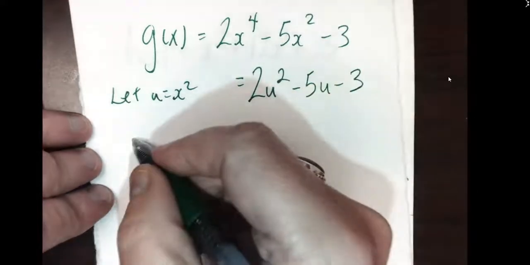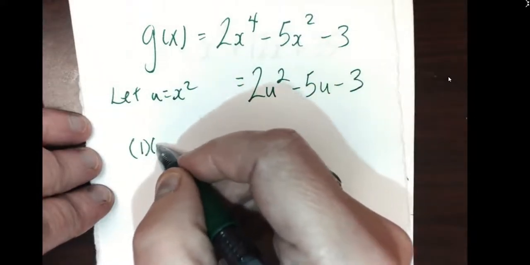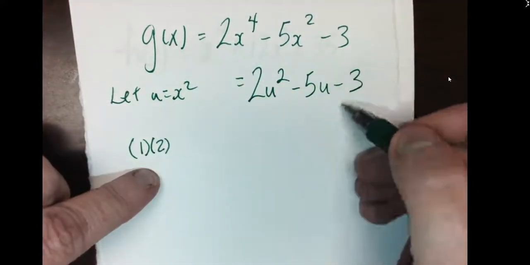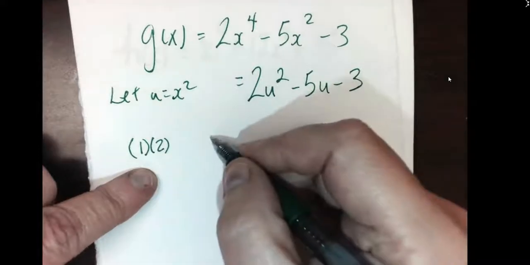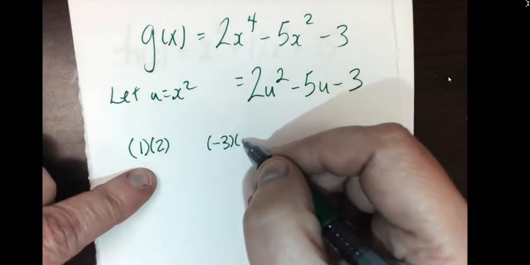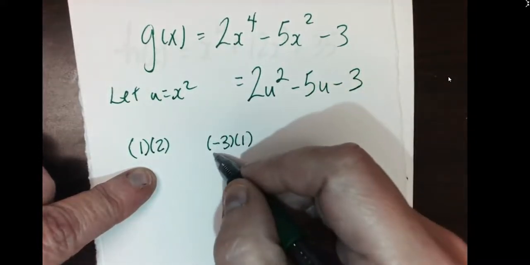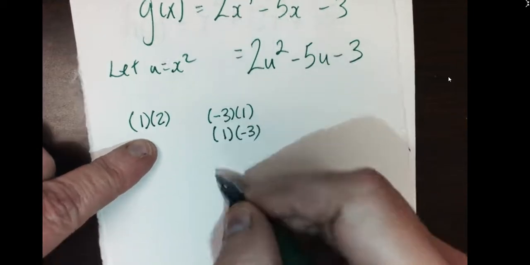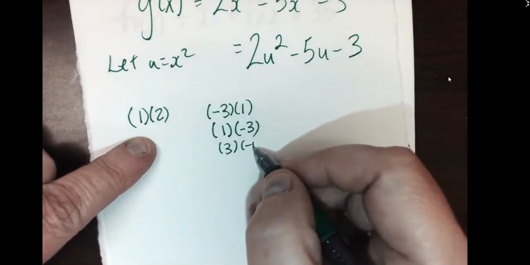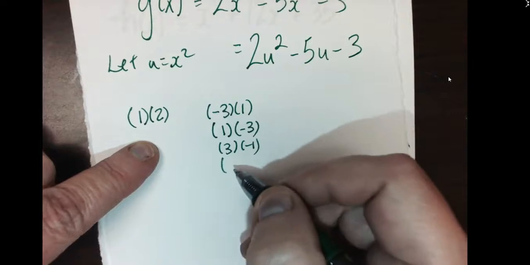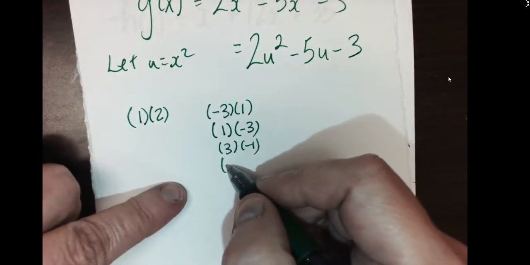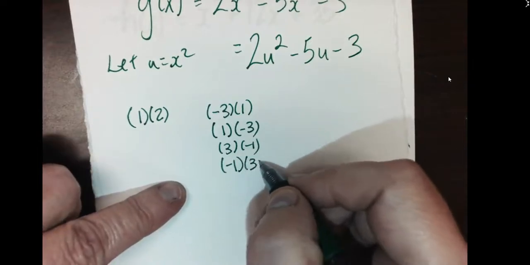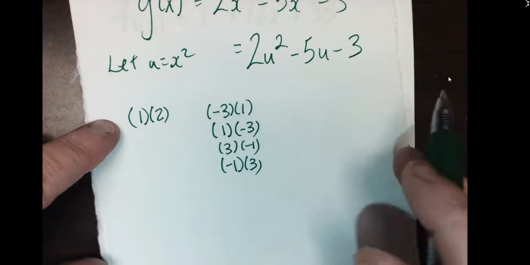This term is 2, so I could have 1 times 2, and then I have negative 3 here. So I could have -3 and 1, or I could have 1 and -3, or I could have 3 and -1, or I could have -1 and +3. Okay, I think those are the possibilities.